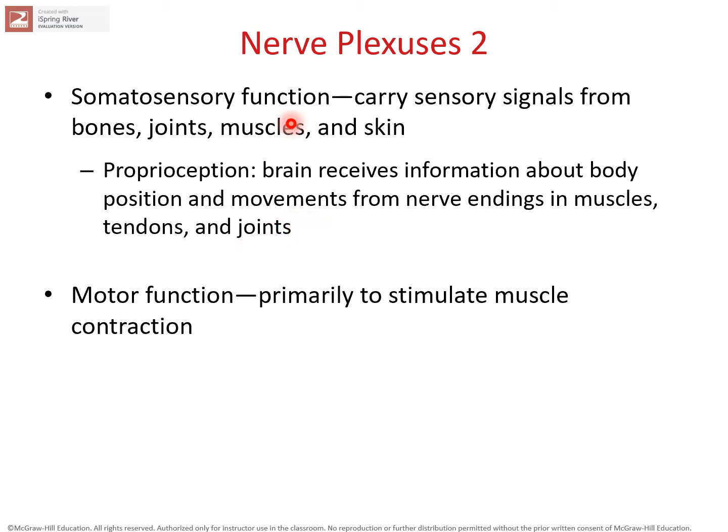So when you wiggle your toes, the somatosensory nerves carry information to the brain, where your brain processes the information to make you realize that you want to wiggle your toes, and then the motor functions of these muscles stimulate contraction in these muscles to allow you to wiggle your toes. Okay, so nerve plexuses carry somatosensory as well as motor functions from different parts of the body.